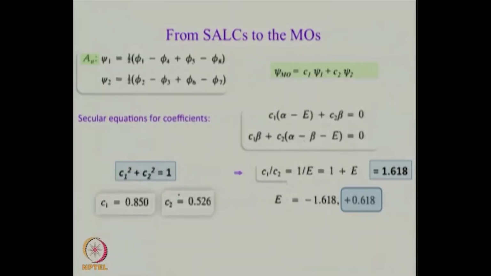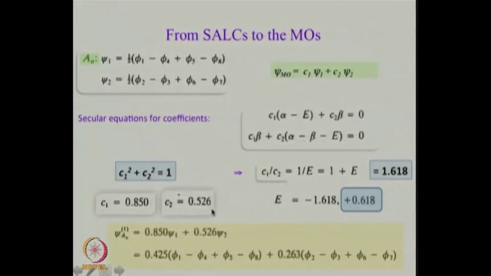So, what we have got is we have got C1 and C2 combinations, both are positive, and now we are able to write the MO. The bonding MO with AU symmetry turns out to be what you see in front of you. All right, we have been able to generate the MO. Good. So, is that good or is that good?